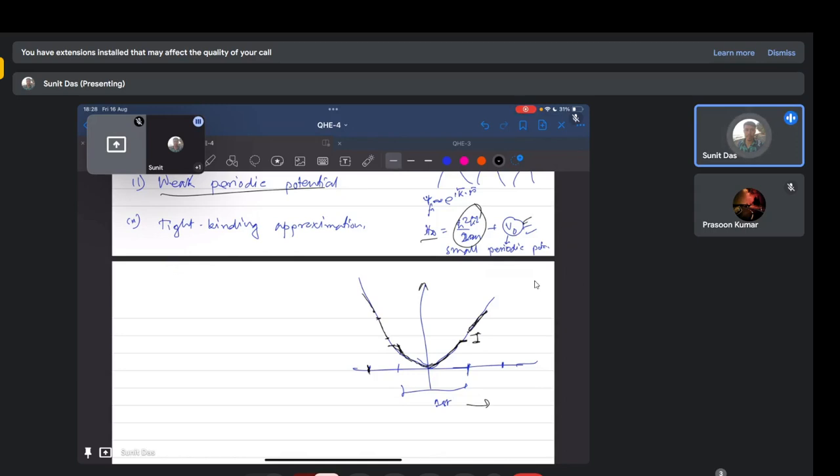Whenever we add this potential term, it will create gaps in the spectrum, and so this will be one band. If I use different colors, then this will be one band, and this part and this part will form another band, because we are drawing in the extended zone scheme, but if we draw in the reduced Brillouin zone, it will look like this.